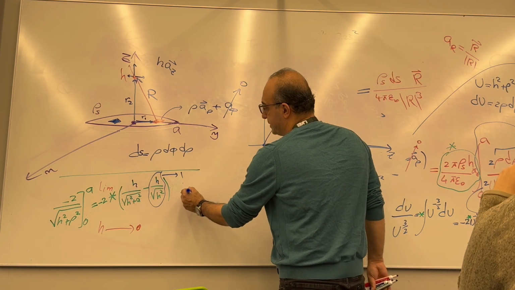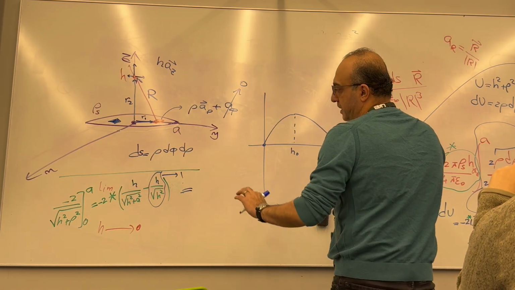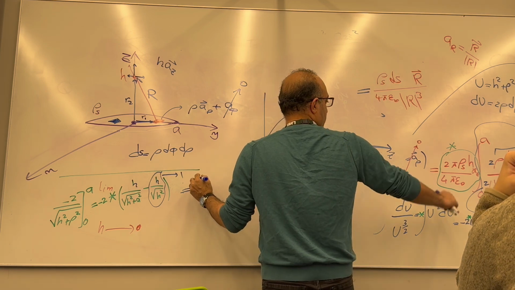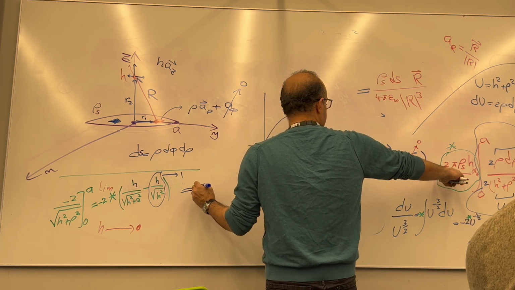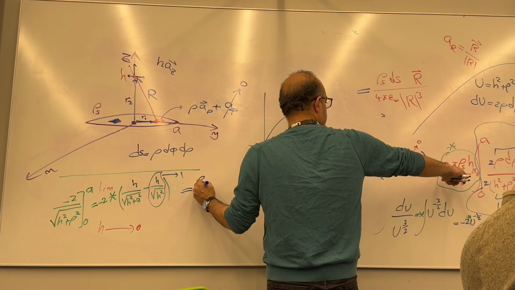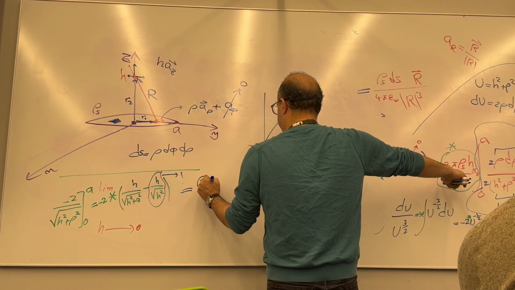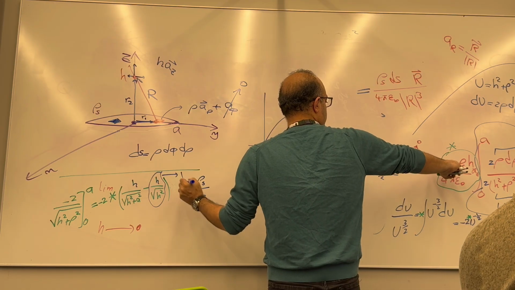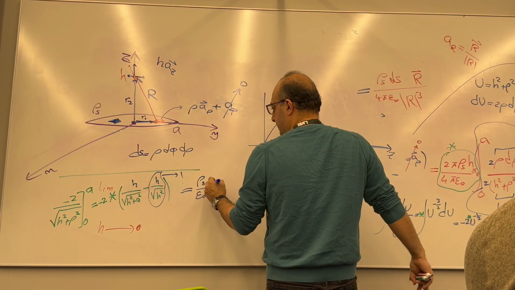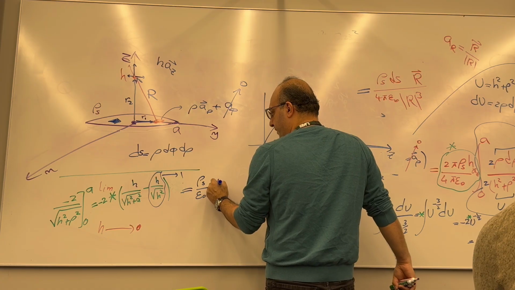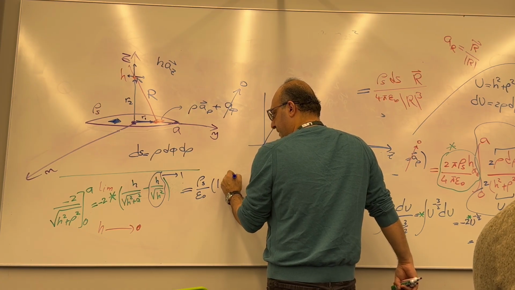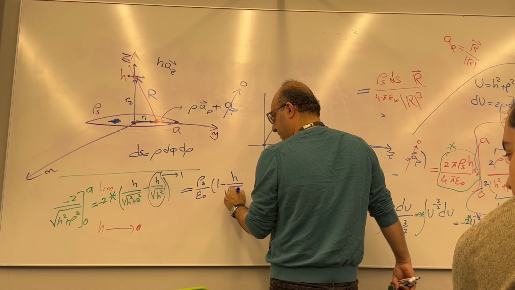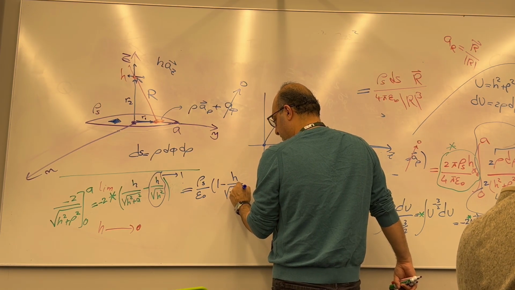The final value is going to be minus, even minus we can change this, it's going to be 4, this is going to be gone, it's going to be rho s over epsilon 0, it's all going to be cancelled. Then it's going to be 1 minus h over the square root of h squared plus a squared.